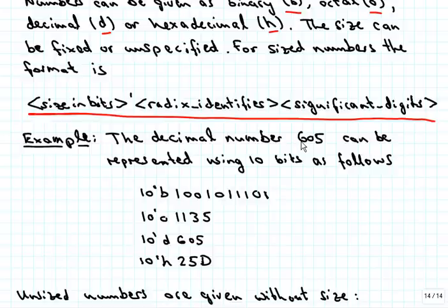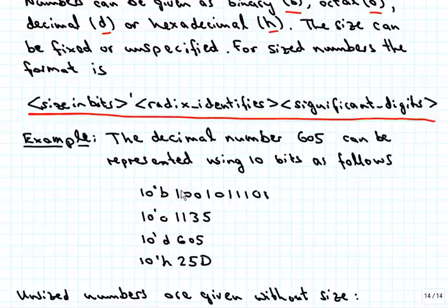So we could write it as 10 for the length of the number in bits. The length is always in bits in the size specification, even if the radix that we use is different. Then b here for bits, and then 1001011101. So that happens to be 605 in binary.